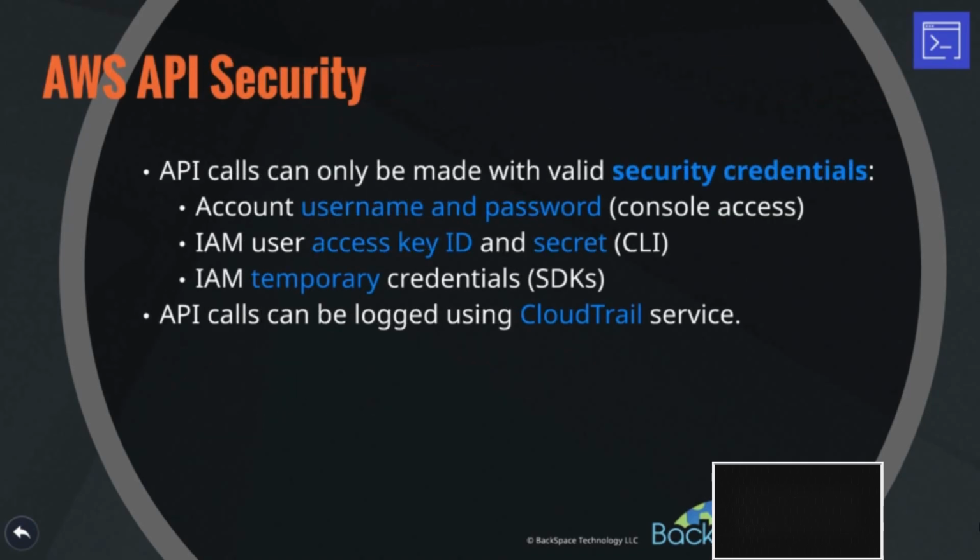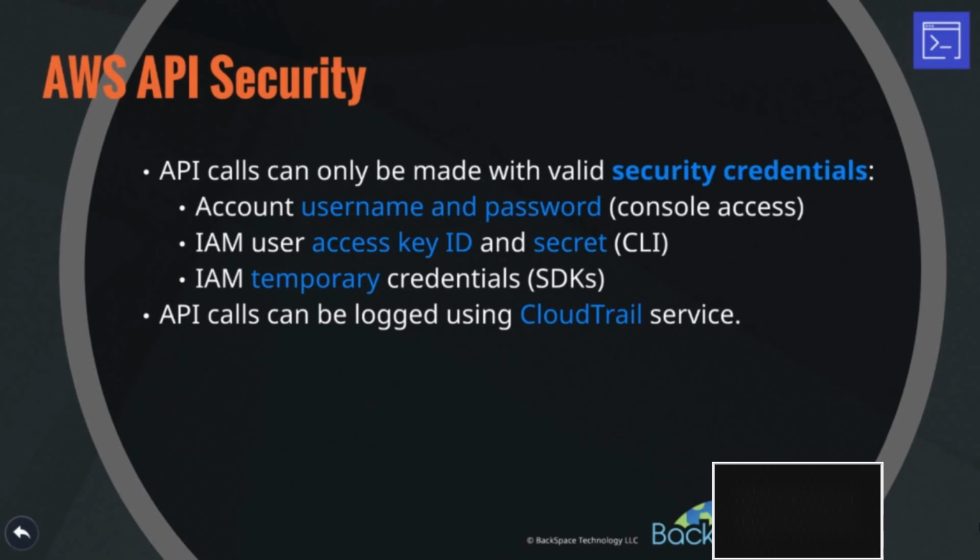API calls to AWS can only be made by authenticated users with valid security credentials. For example, if you're using the Management Console, you would have been authenticated through your username and password.